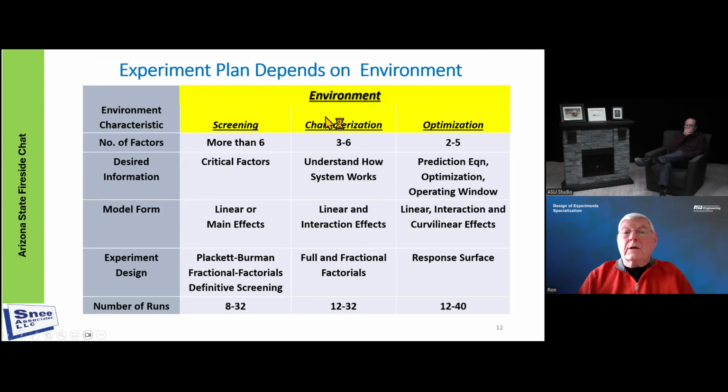And then the environment, we divided up into 3 phases: screening, characterization, and optimization, which are a function of the number of variables. If you have more than 6, we say you're in a screening situation. Characterization, 3 to 6, 2 to 5 for optimization. Now remember, this is a strategy, and this is not perfect, but this is a strategy that's been very effective.